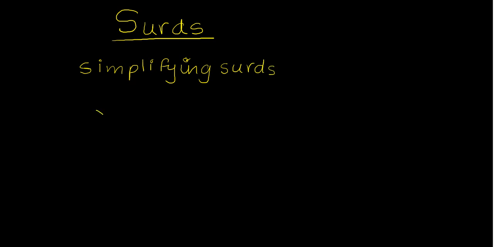So here, for example, I have a surd, square root of 20. In order to simplify this, what I like to do is write 20 as a product of its prime factors.